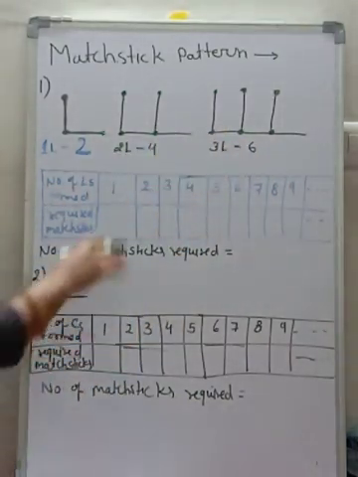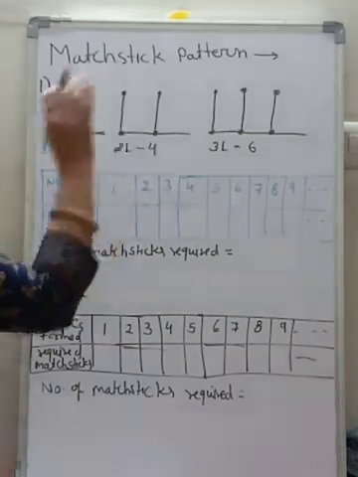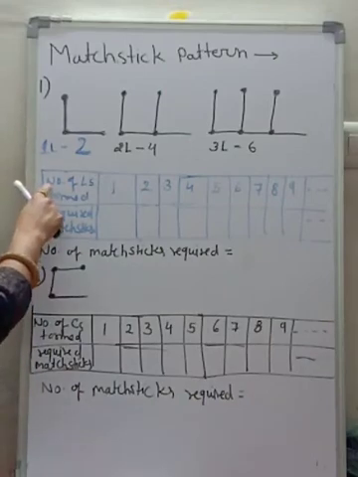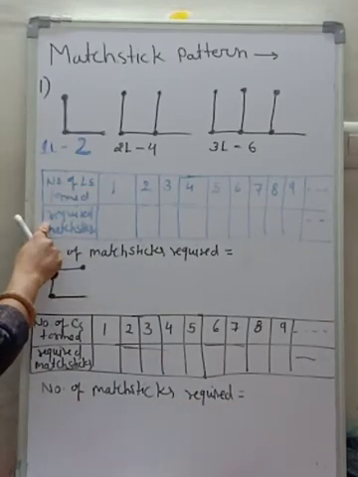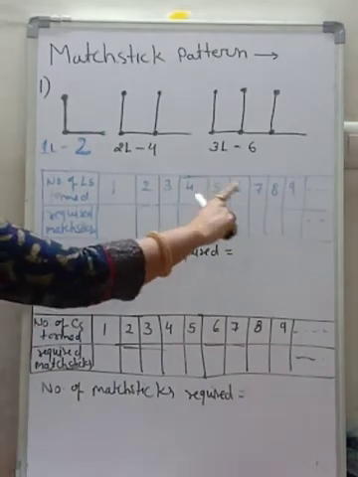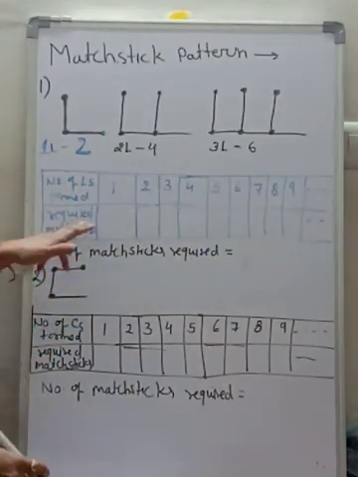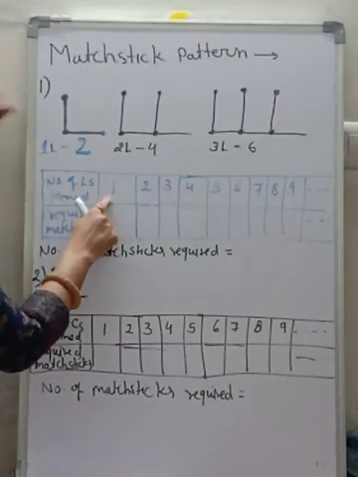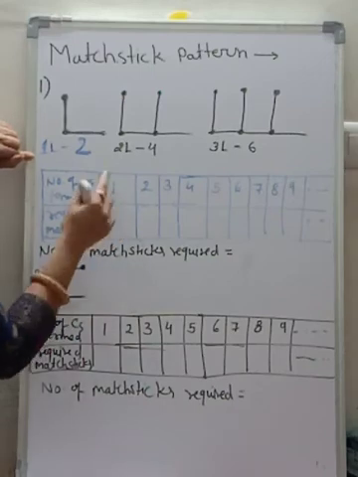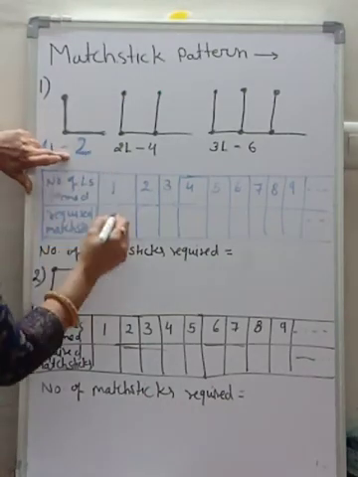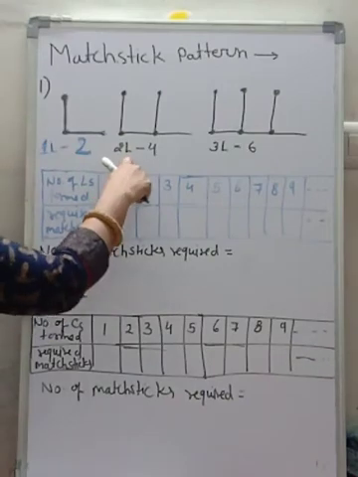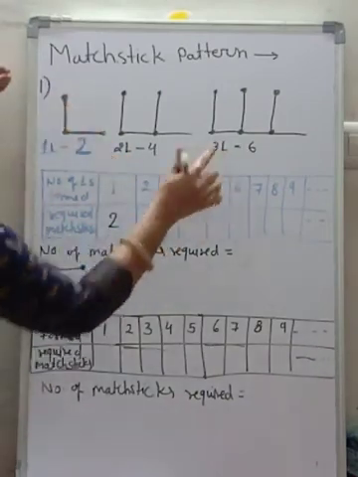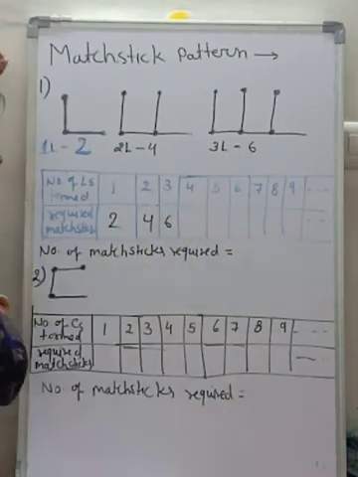Now you have to make different numbers of L's using the matchstick pattern. Here we are given a table for the number of L's formed and the required matchsticks. 1 L requires 2 matchsticks. If you make 2 L's, it requires 4 matchsticks. 3 L's require 6 matchsticks.